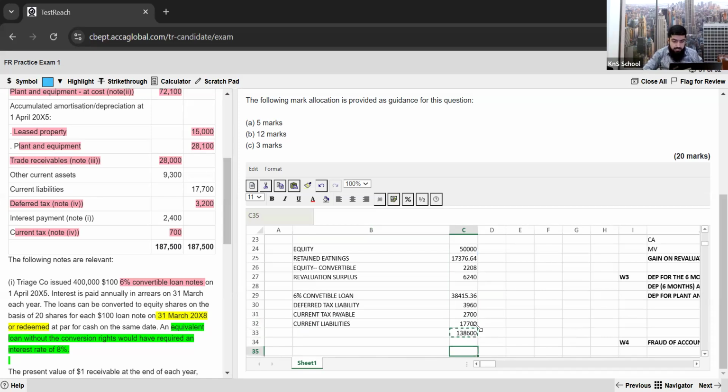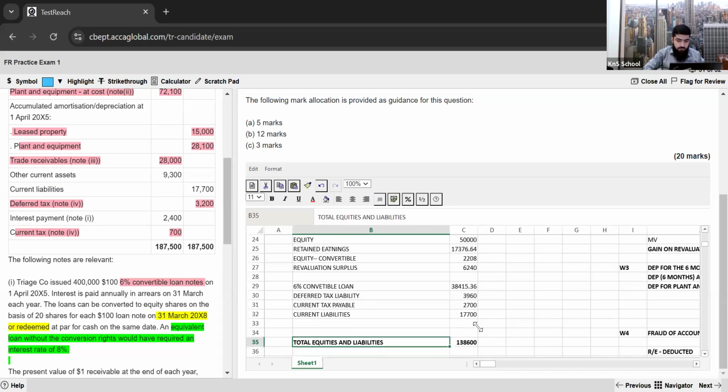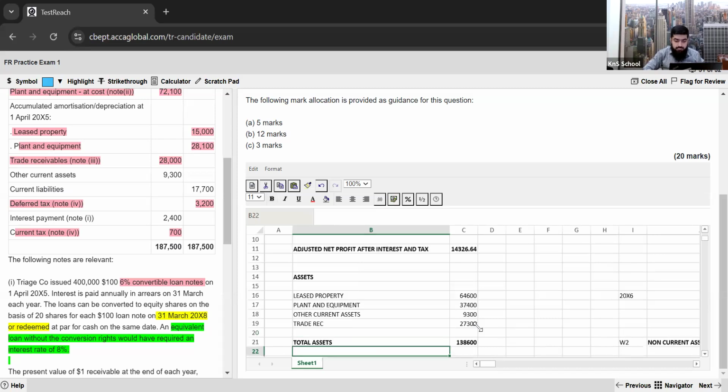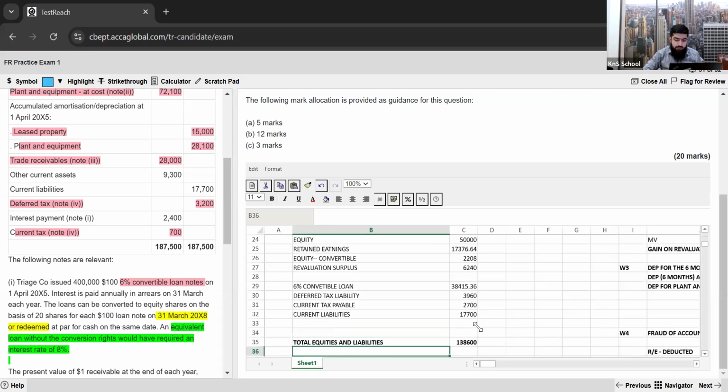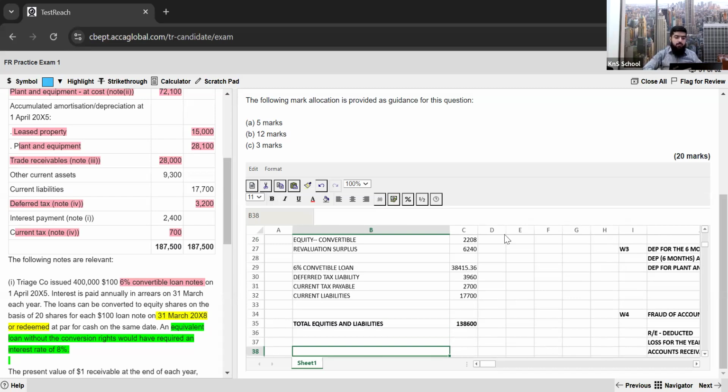So here we go. That is 138,600, the total equities and liabilities. So the total assets is 138,600 and total equities and liabilities is 138,600. Are we clear on this one?